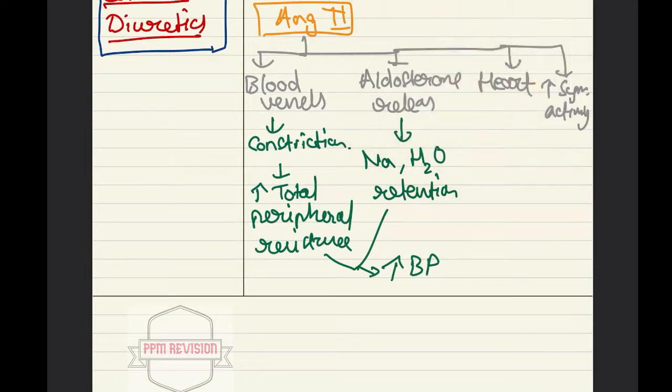Now looking at the action on the heart, it results in cardiac hypertrophy and also remodeling. So these are the main actions.